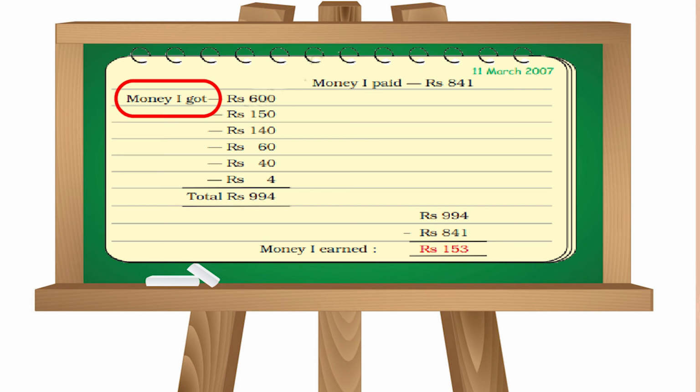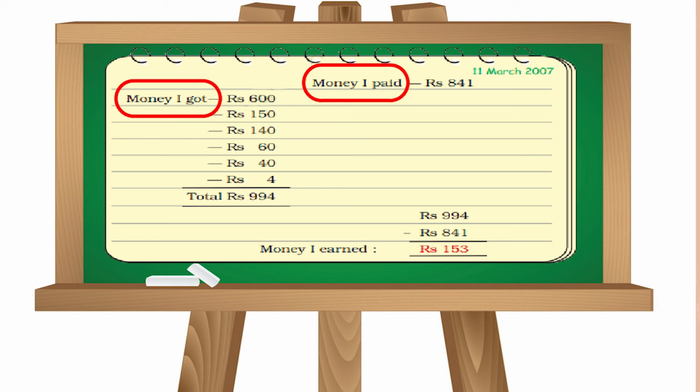And before the money she got, she had paid to the junk collectors also. So, therefore, on the right side she has documented that as the money I paid. So, paid to the junk collector.